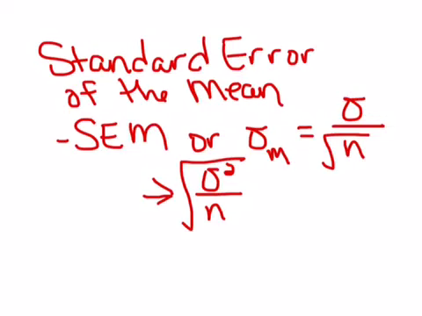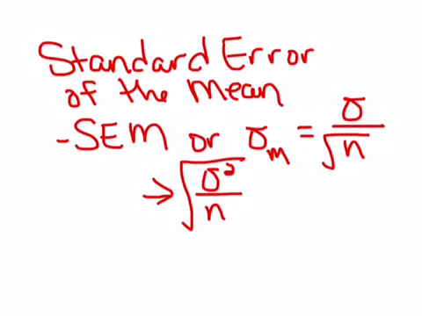But if you're given standard deviation instead of variance, remember, standard deviation is already the square root of the variance. So it's not to be confused or interchanged. Those are two different things. So specifically, the population standard deviation divided by the square root of the sample size. This will measure the amount of error that we can see between the population and the sample.